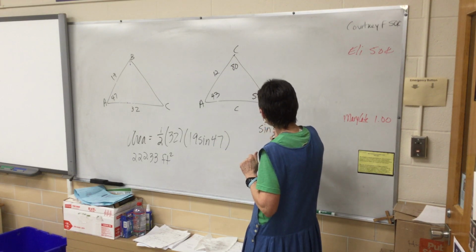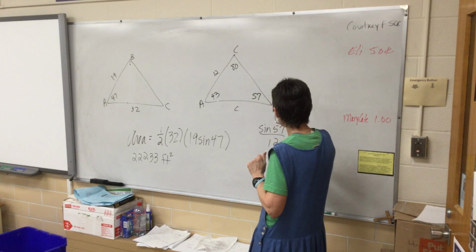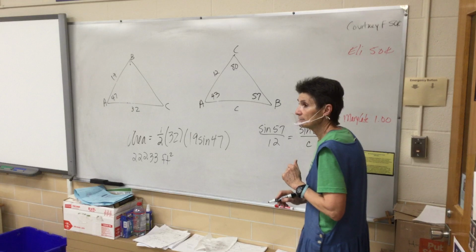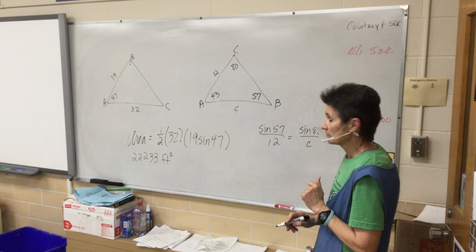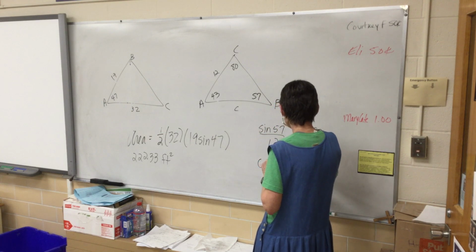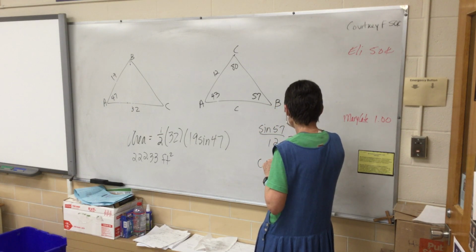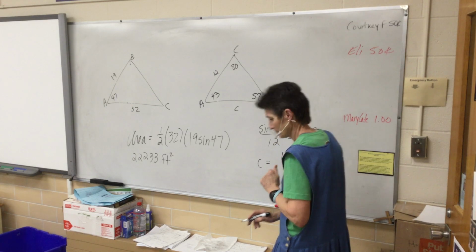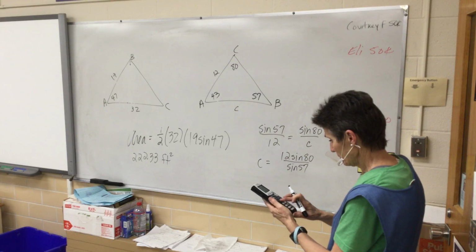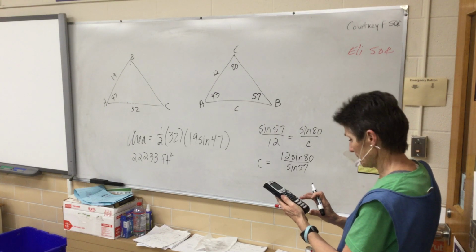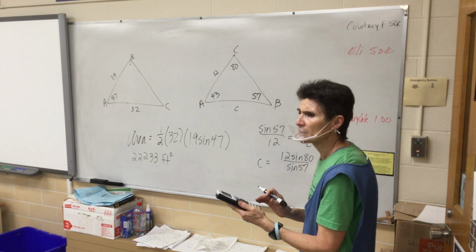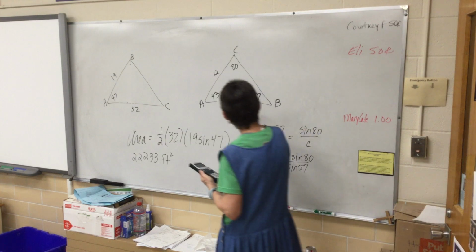So sine 57 over 12 equals sine 80 over C. So I can figure out what C is. 12 sine 80 divided by sine 57. Did you get 14.09? Okay, so this is 14.09.